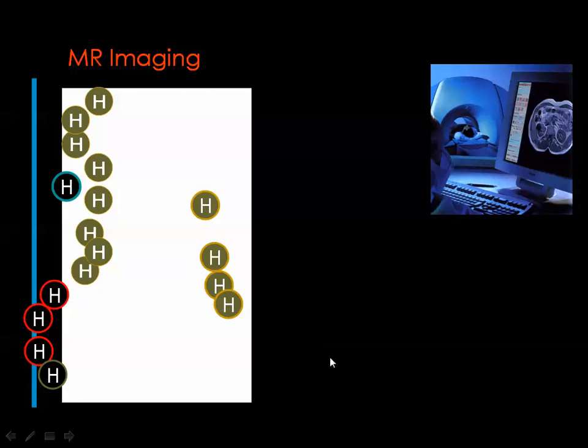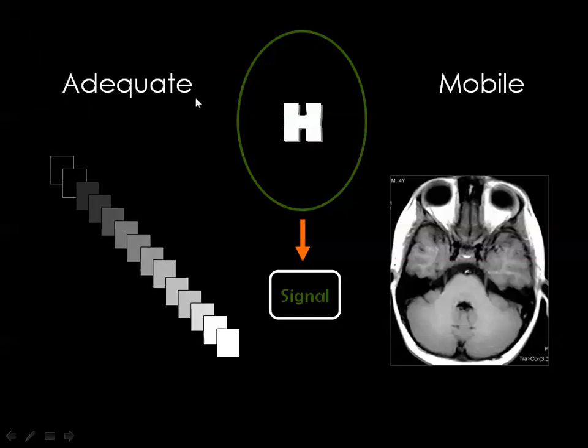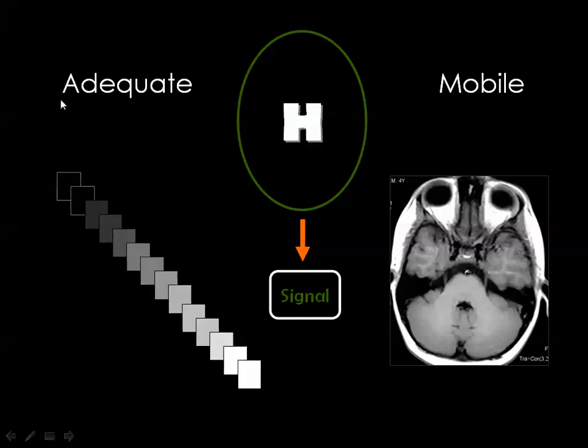Then in order to have an image by MRI, you should have an adequate amount of hydrogen in the tissues, and this hydrogen should be mobile. Then the resultant image will be on the gray scale. Some structures will appear black, others will appear gray, others will appear bright.